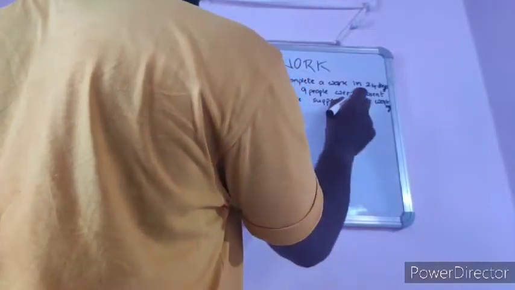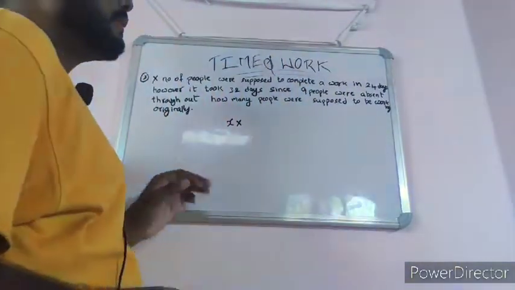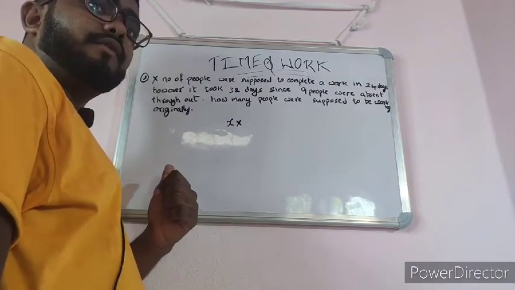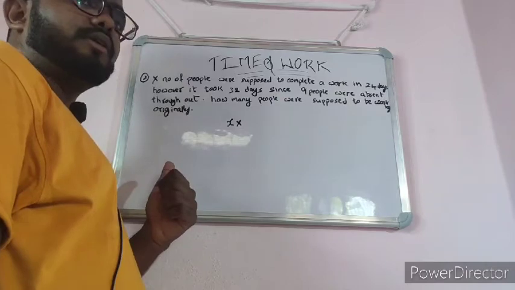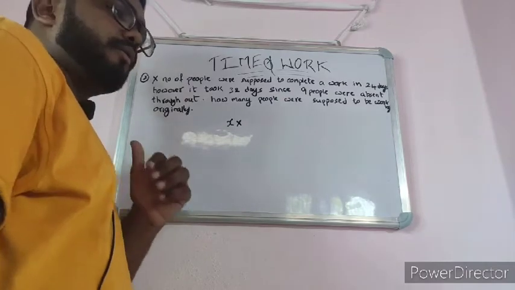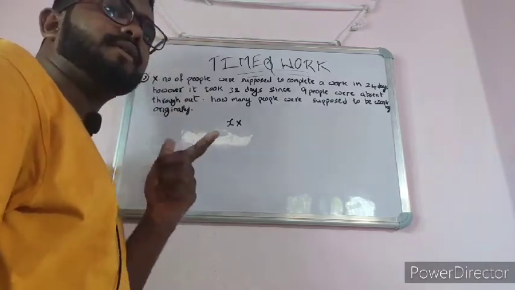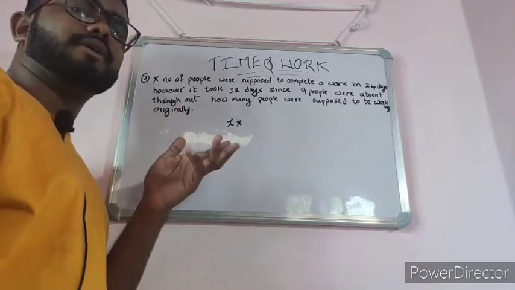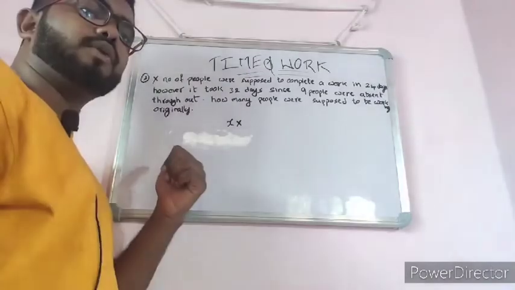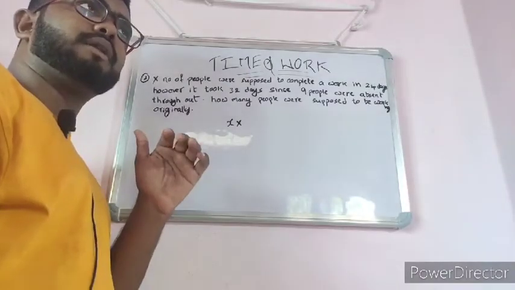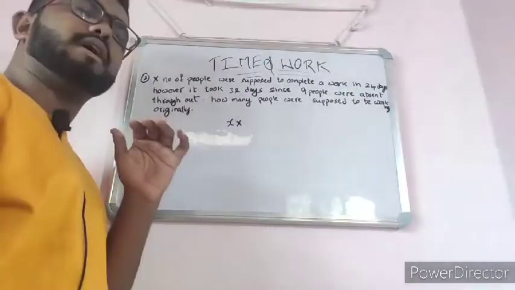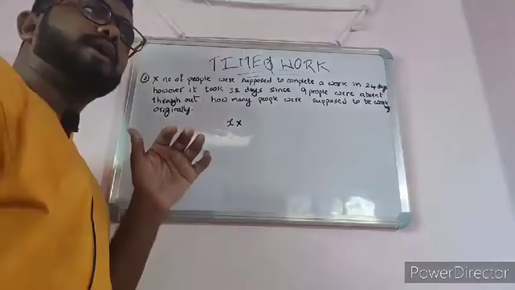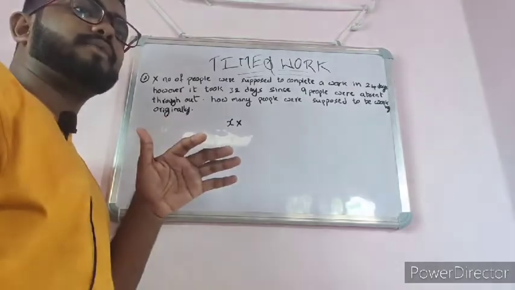So the rate of doing work, did he mention anywhere that the rate of doing work is different? No, because why did the number of days increase? Because the number of people were less, not because the rate was different. Generally, whenever a laborer comes to a site, he works for 9 hours a day.